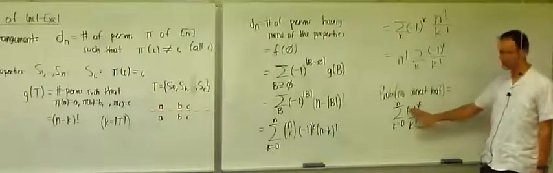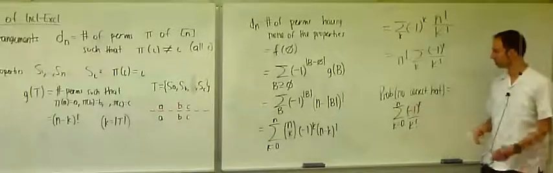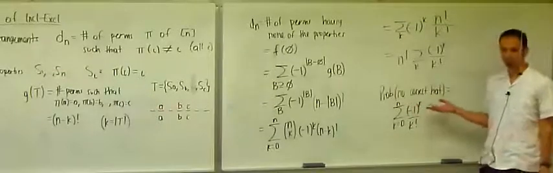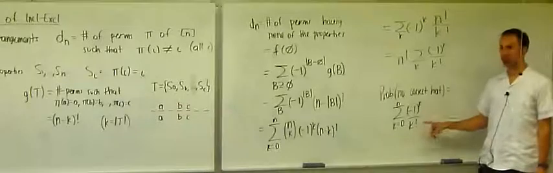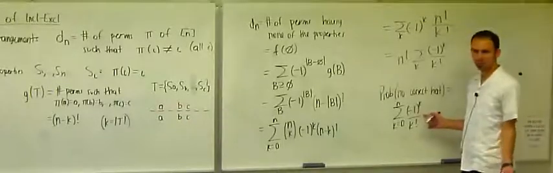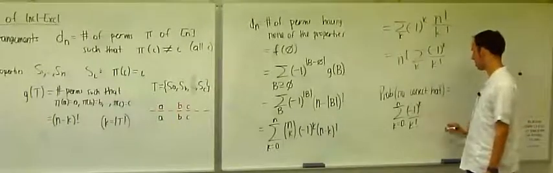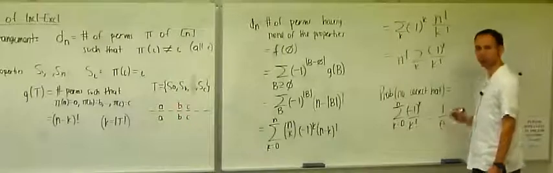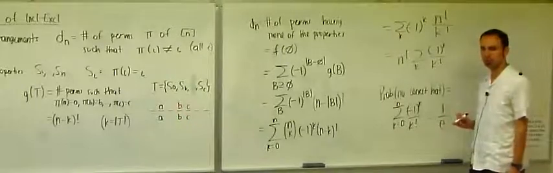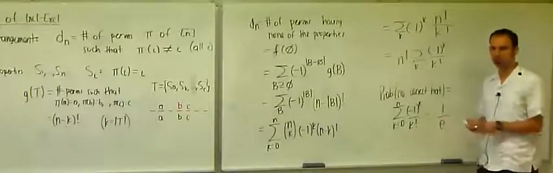If this was an x, then this would be the power series for e to the x. And it converges very, very quickly because you have these factorials in the bottom. So this is basically e to the x, where x is negative 1. And so this is 1 over e. You can quantify this with the right analysis.